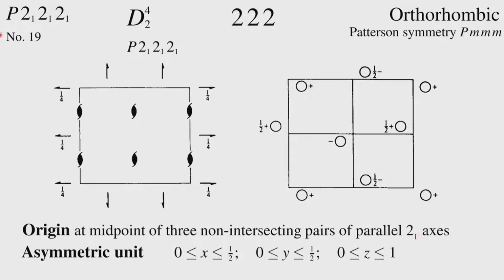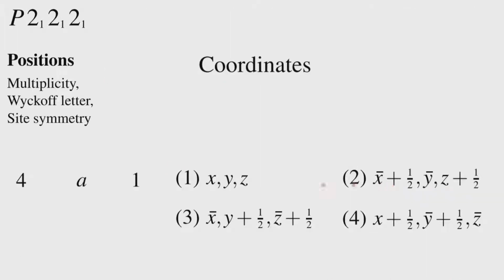So, that means that if you take this origin, it is the midpoint of 1/4, midpoint of 1/4, midpoint of 1/4. So, all 3 are removed by 1/4 from each other, and therefore, you get the origin here. And if you define the origin that way, then only you can generate this equivalent point diagram with the equivalent points coming at x, y, z as is given here.